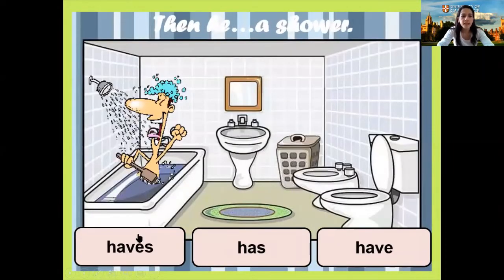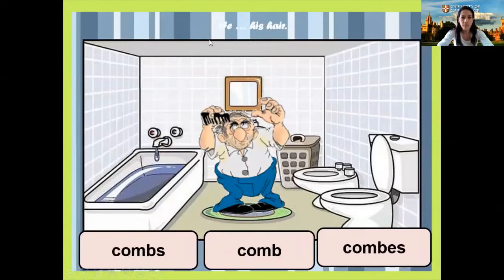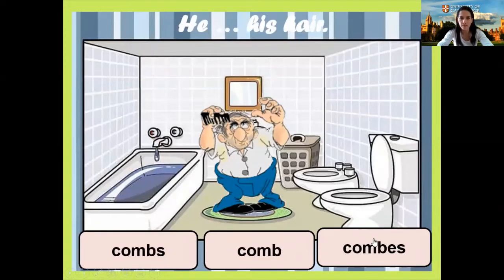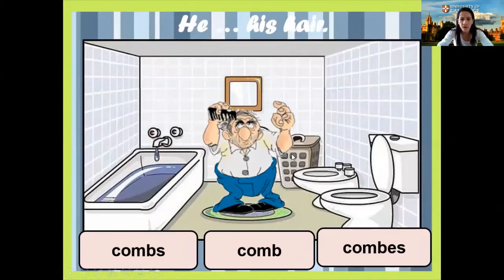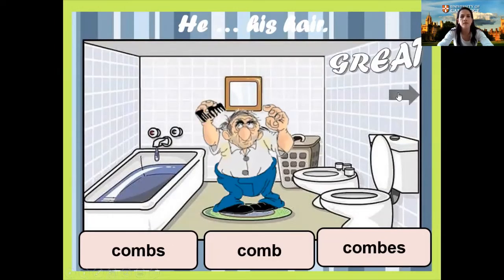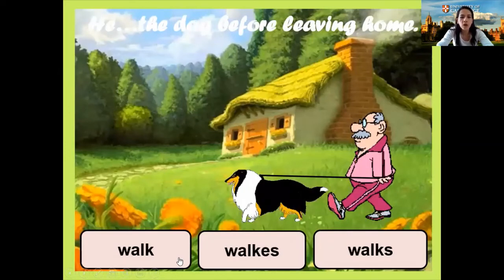Then he has or have. We say has, okay? Then he has a shower. He combs his hair. The correct spelling is like this, okay? Combs. Okay? Now he walks the dog before leaving home.